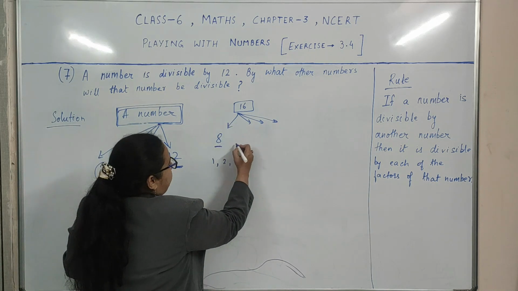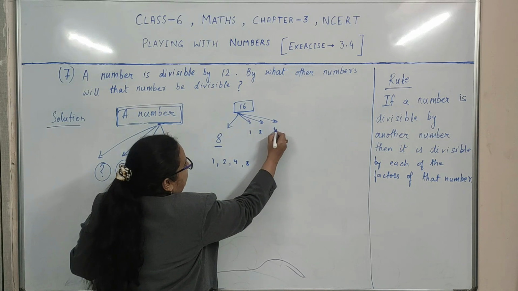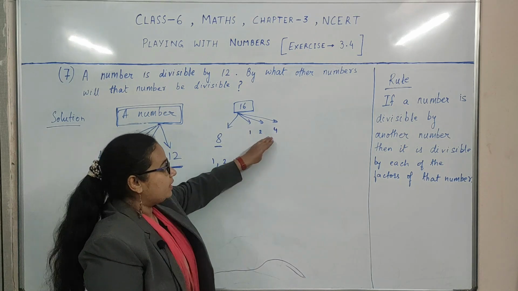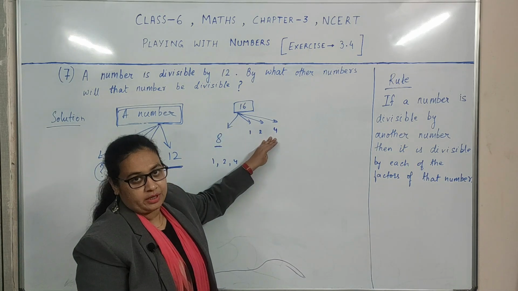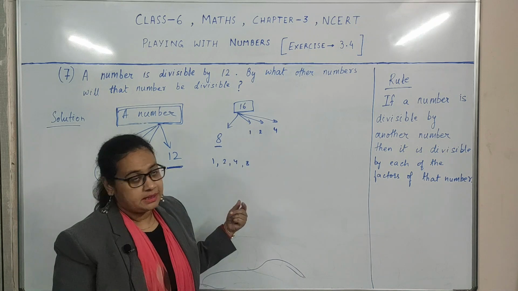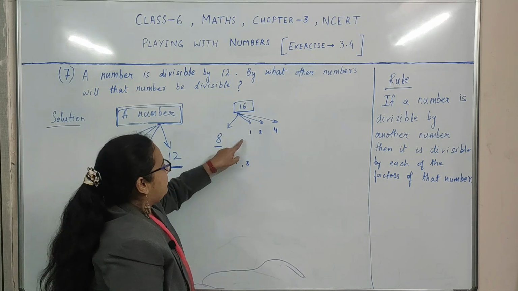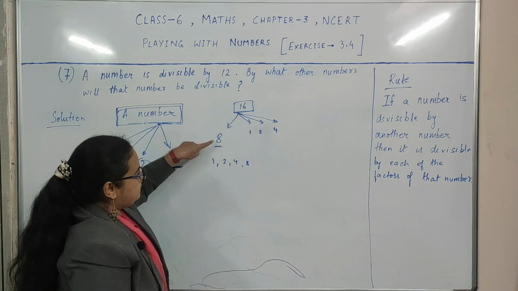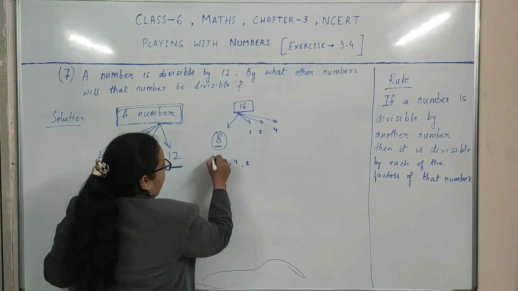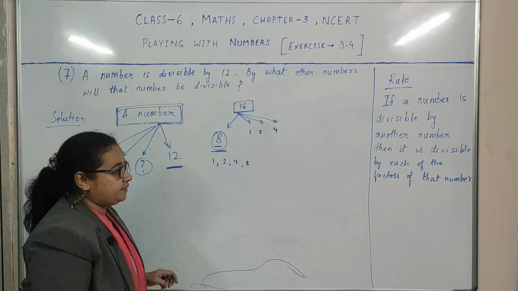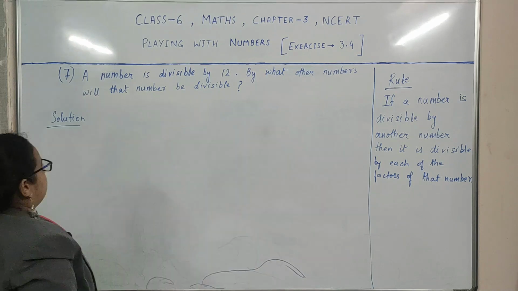So 16 will be divisible by 1, 2 and 4. You can check whether 16 is divisible by these numbers or not. If yes, it means this rule is correct. If a number is divisible by one number, then that number will also be divisible by the factors of this number. So let us do the solution in a proper way.